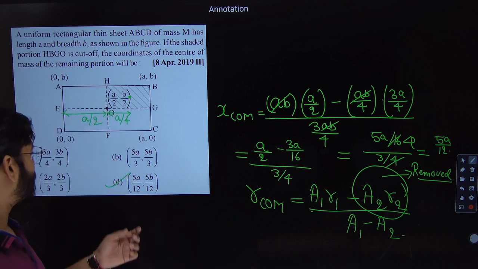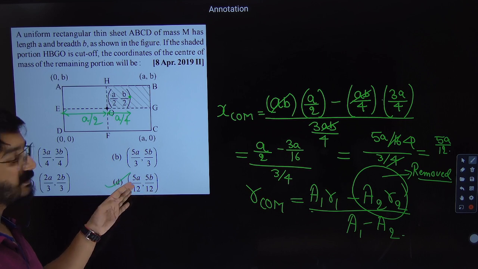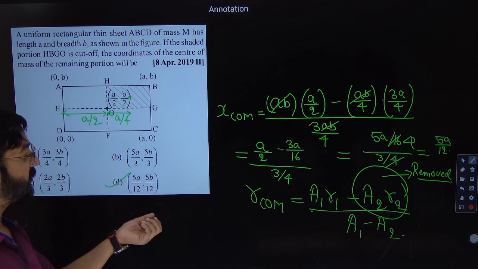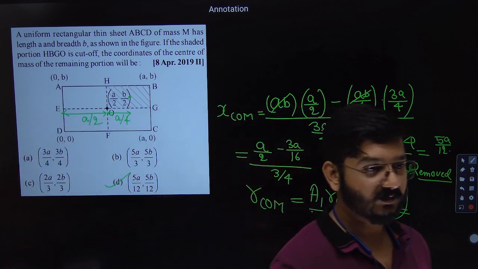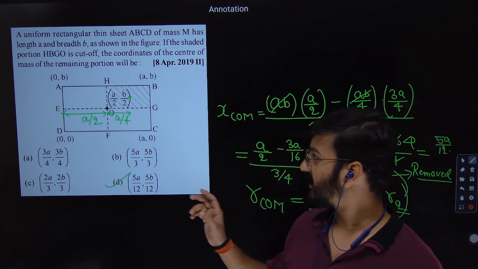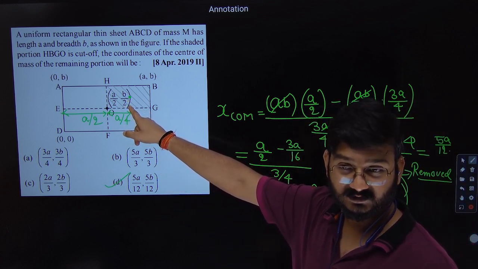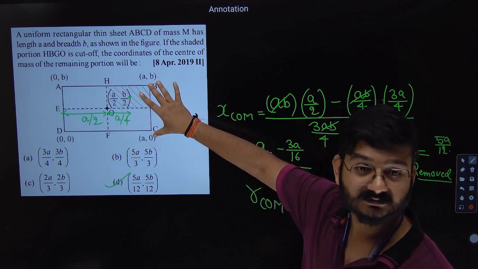Okay. Now, if you see the options, there is only one option with 5A by 12, 5B by 12. Now, suppose there is one more option. I will tell you one trick here. How can you save your time? Because the object is symmetrical. Is it a symmetrical object or not? So when you are calculating the y coordinate of the center of mass, A will be replaced by B, which is basically the height.